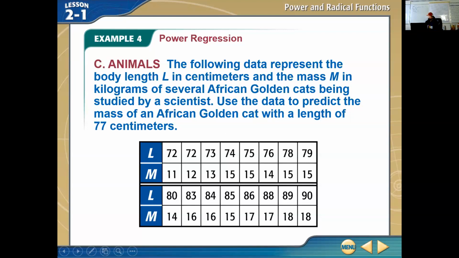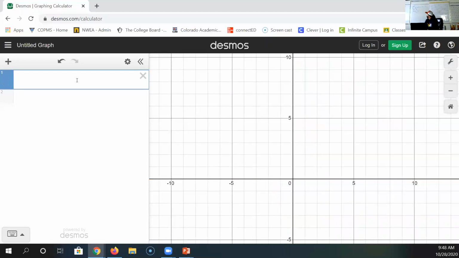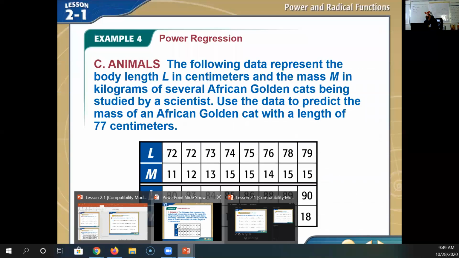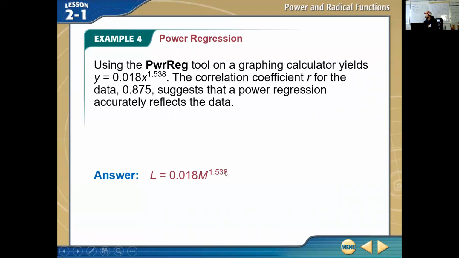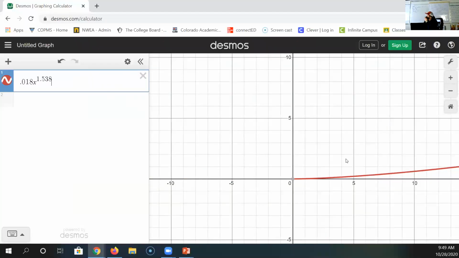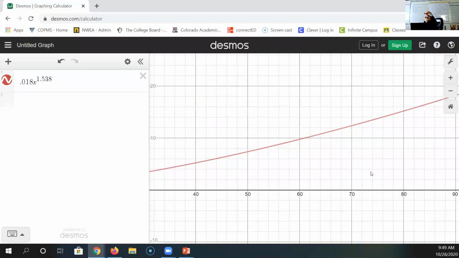We're going to do this Desmos-wise. Okay? You would enter the equation. So it was 0.018 x to the 1.538. Make sure that's right. Perfect. Take me back here. Okay, Desmos makes this a little tougher because we have to estimate.